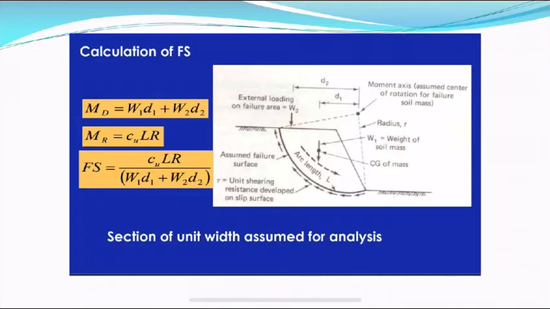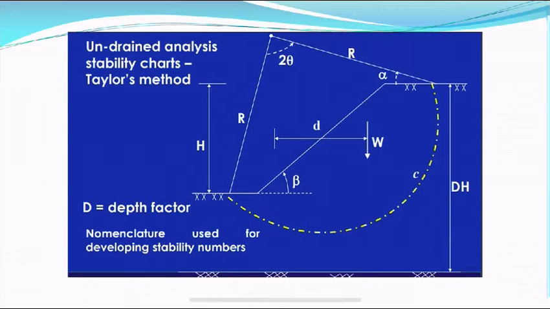Now from the undrained analysis, Taylor 1948 developed a method wherein the potential failure surface is given so that the least factor of safety can be determined. This development is sourced from the undrained analysis which we just discussed.